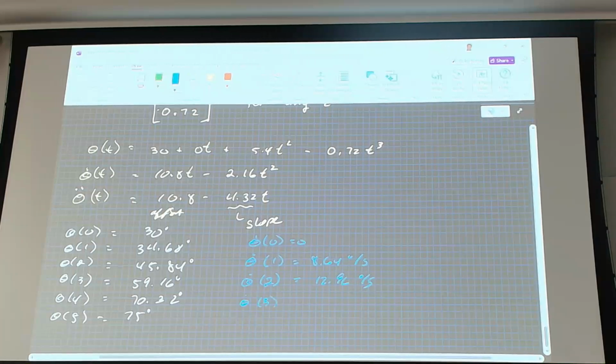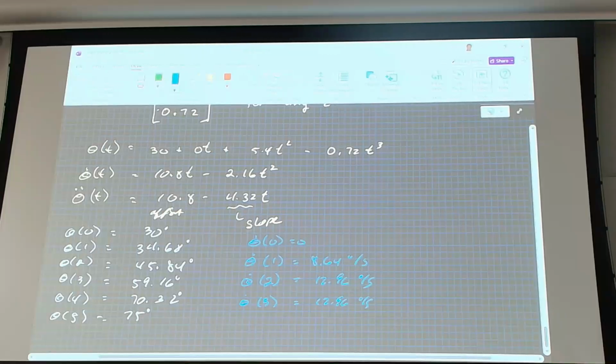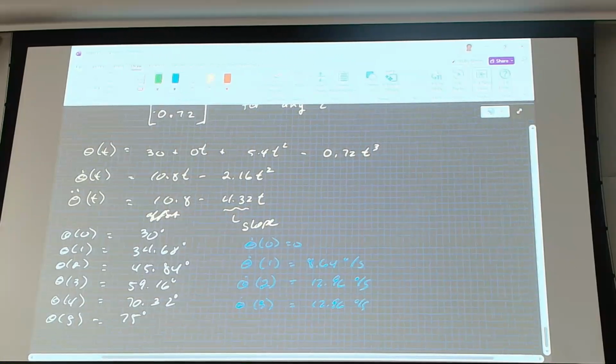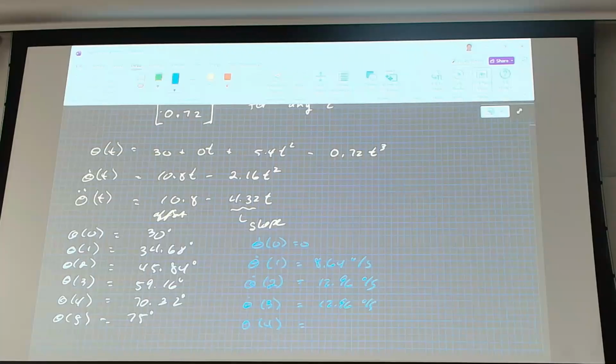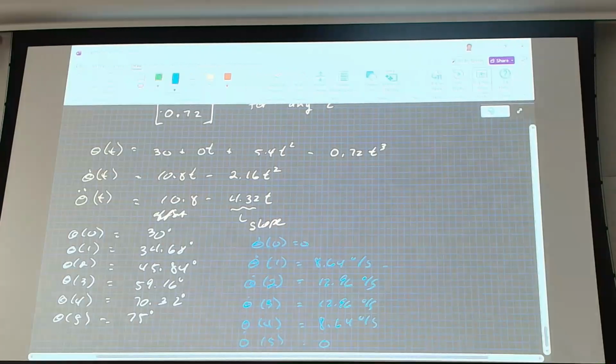Theta dot at 3 seconds is also 12.96 degrees per second. So between 2 and 3 seconds we're peaking and then coming back down. This is the amount of velocity that this particular joint has. Theta dot at 4 seconds is, as you would expect, 8.64, on the other side of that parabola. And theta dot at 5 seconds, as we defined it, is 0.